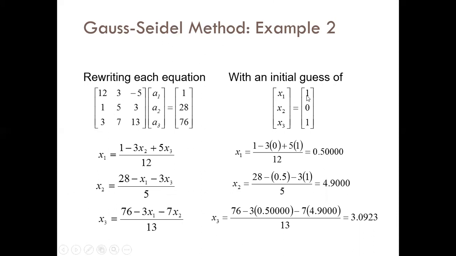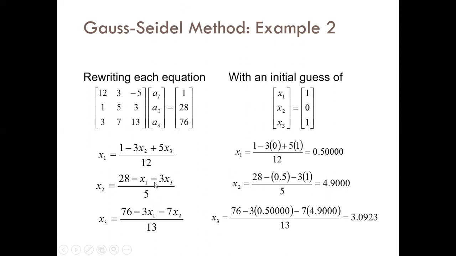The initial guess is 1, 0, 1. Put the values of x2 and x3 in the first equation, x2 is 0 and x3 is 1. Then 1 plus 5 divided by 12 is 6 by 12, which is 0.5.